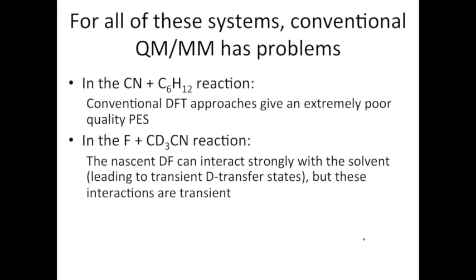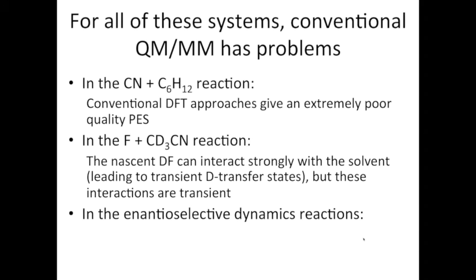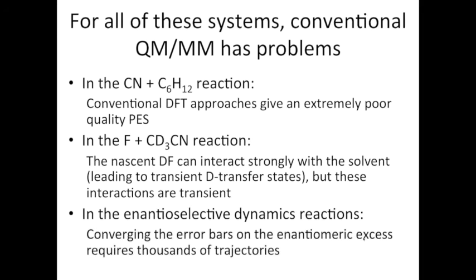And then in the enantioselective dynamics reactions, QM/MM may have worked, but to actually converge the error bars on the enantiomeric excess enough to say anything meaningful literally requires thousands of trajectories. And so QM/MM, for all its virtues, was simply not efficient enough for us to make any sort of meaningful statistical comment.